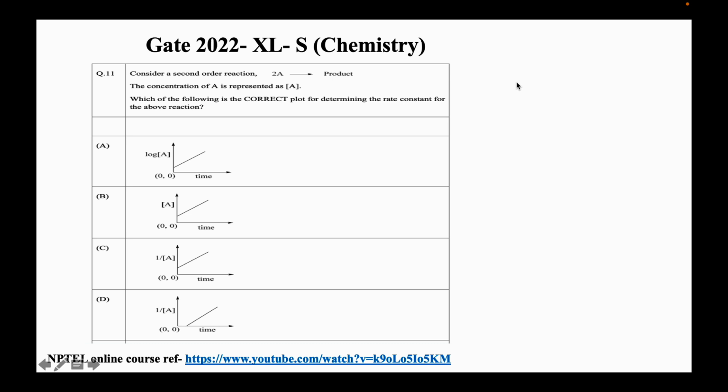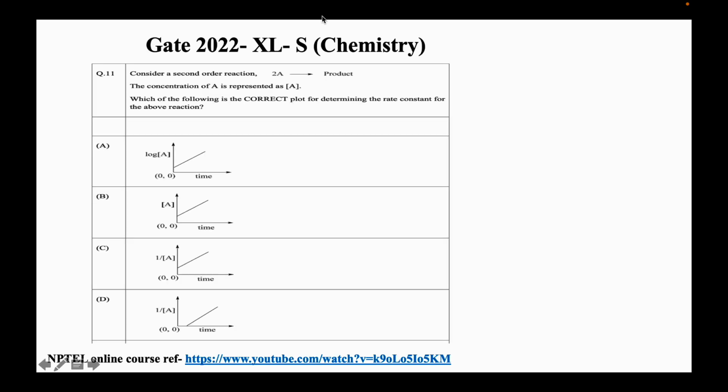Okay, so we'll first try and understand the basics of the rate of reaction. Let's consider a simple reaction. In the question we have a second order reaction, where 2A is the reactant which is giving us product.